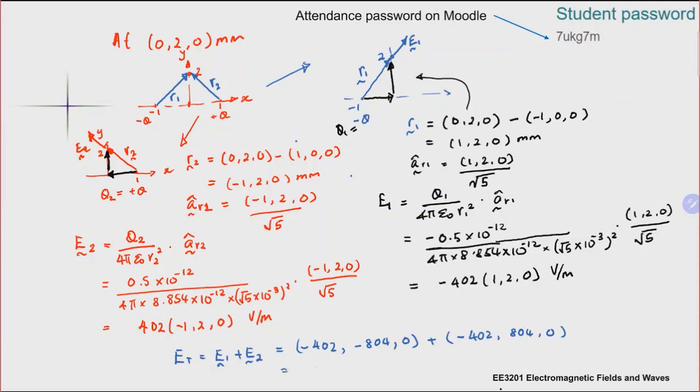So the sum of this will be equal to minus 804 volts per meter.